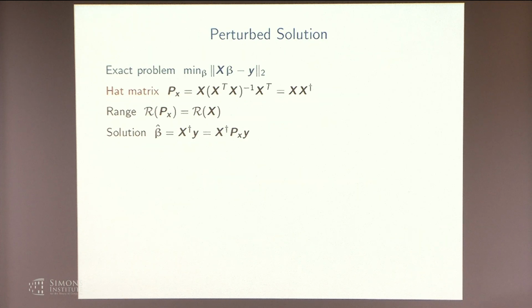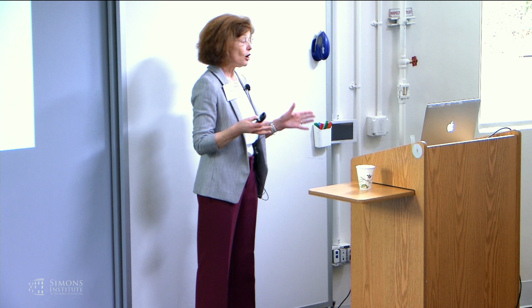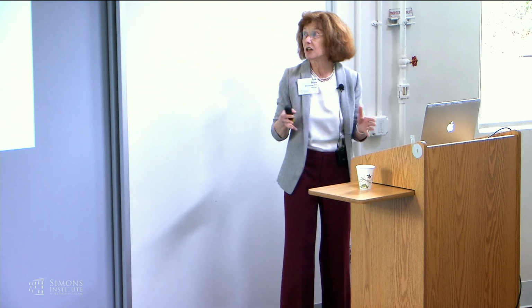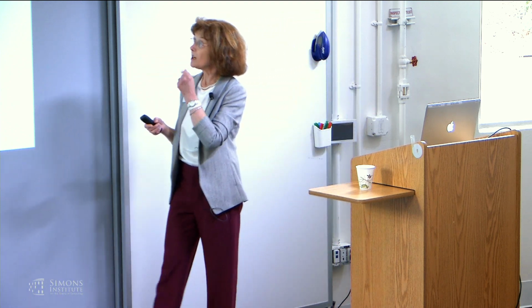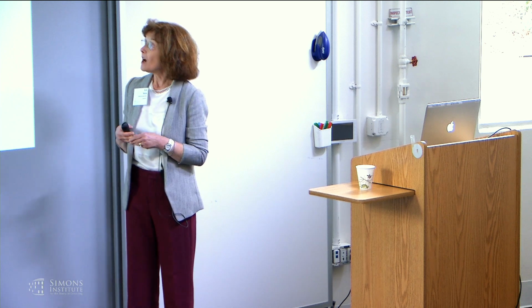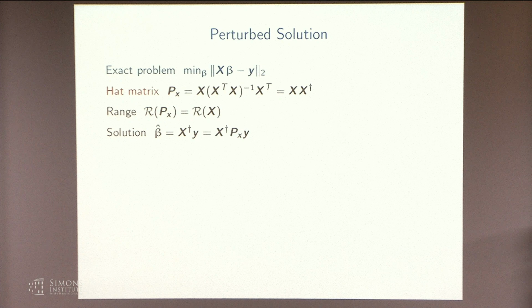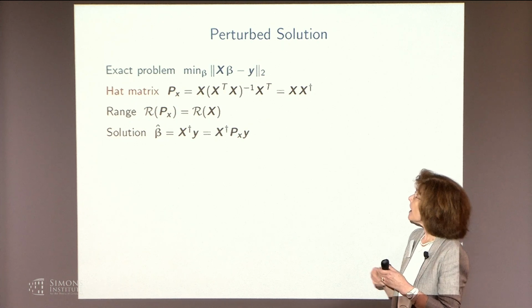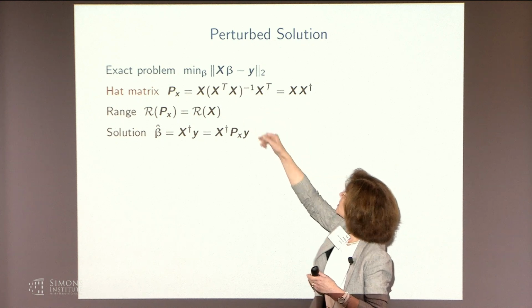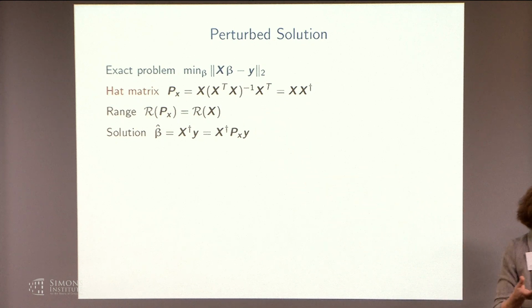So as Petro said, the first thing in analyzing randomized algorithms is often to have structural deterministic perturbation bounds. So here we have our exact problem. We have the hat matrix, an orthogonal projector onto the column space of X. And because X in our case is a full rank matrix, the pseudo-inverse can be expressed in terms of X. So the range of the projector is exactly the range of the design matrix.